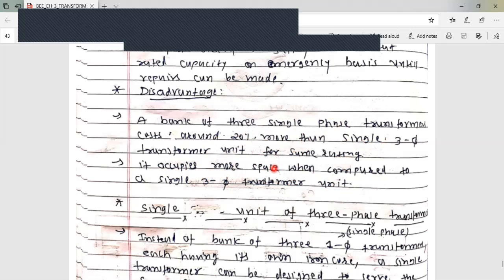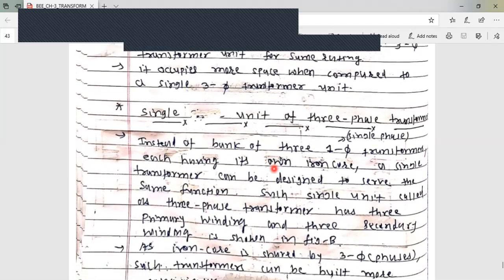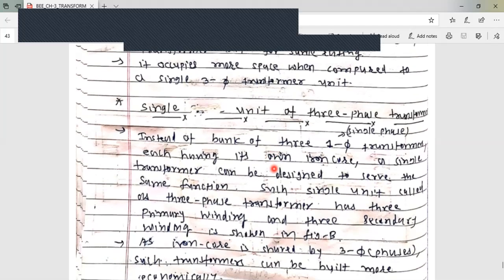Now we will see the second type of three-phase transformer, the single unit three-phase transformer. Here, instead of a bank of three single phase transformers each having its own iron core, as we have seen earlier in the figure above, a single transformer can be designed to serve the same function.